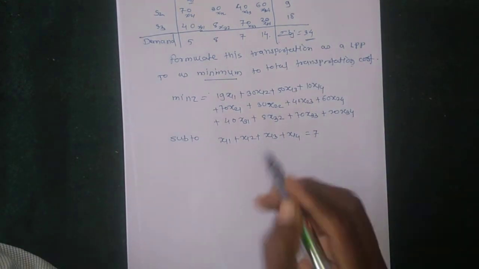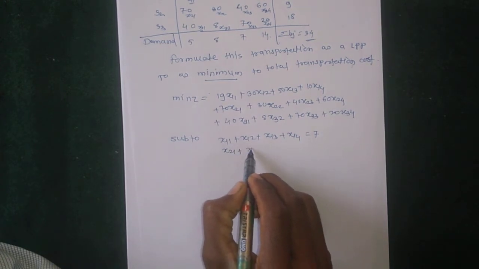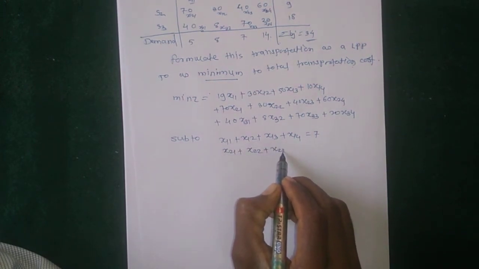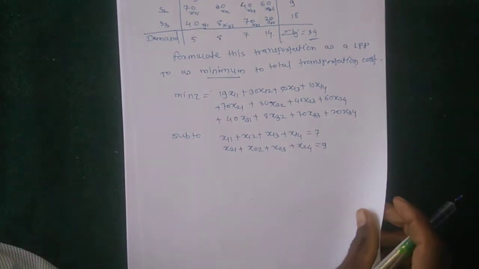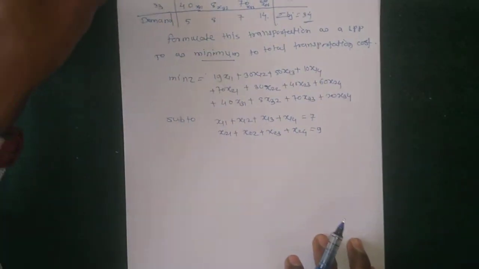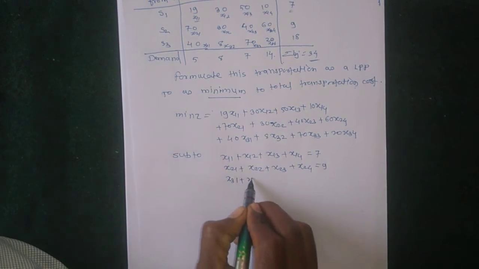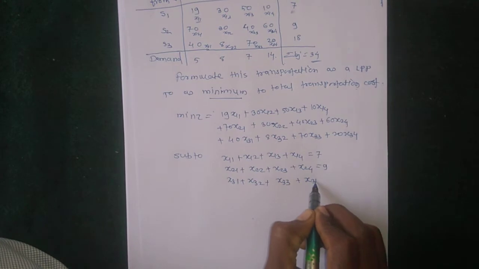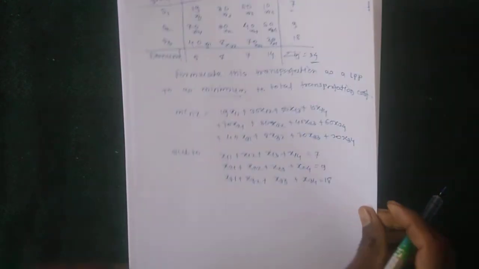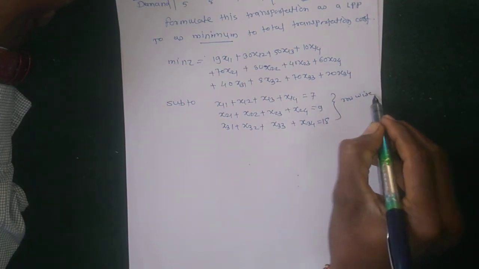This is one row wise constraint. The second is x21 plus x22 plus x23 plus x24 is equal to 9. The last row constraint is x31 plus x32 plus x33 plus x34 is equal to 18.